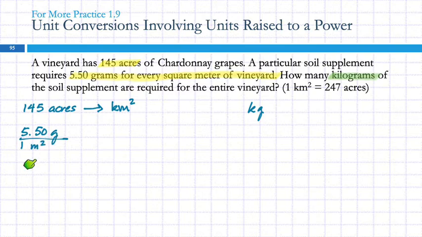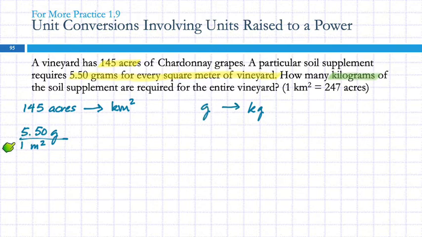This relates grams and square meters. Well, I have square kilometers and I have kilograms. Well, could I get from grams to kilograms? Sure, we just learned how to do that. That wasn't too bad.